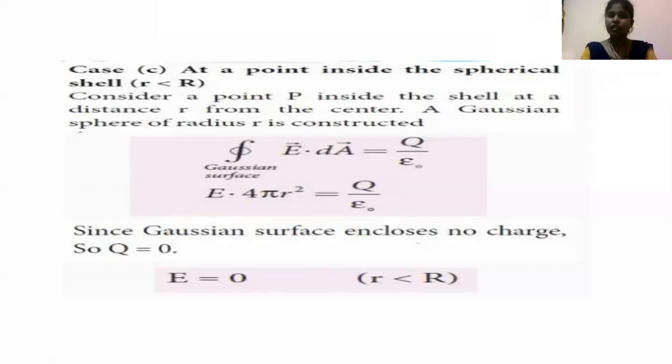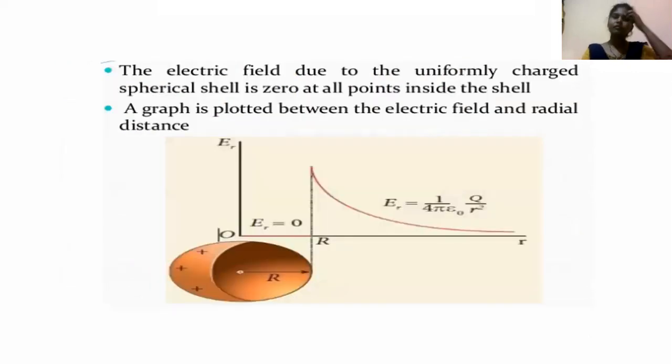So the electric field E is equal to 0 at a point inside the sphere. Since there is no charge enclosed, there will be no electric field. So E is equal to 0 in the third case, at a point inside the spherical shell. The electric field of a charged spherical shell is 0 at all points inside the shell.